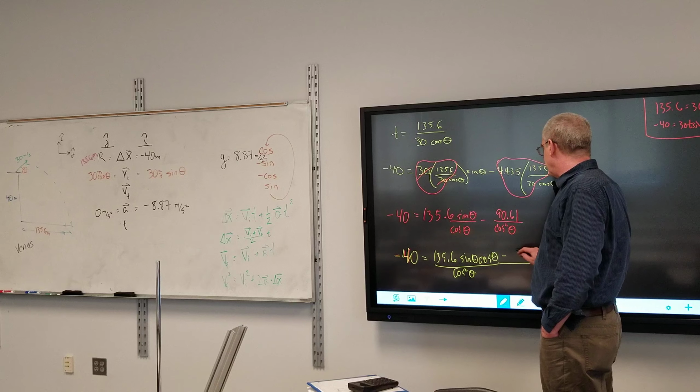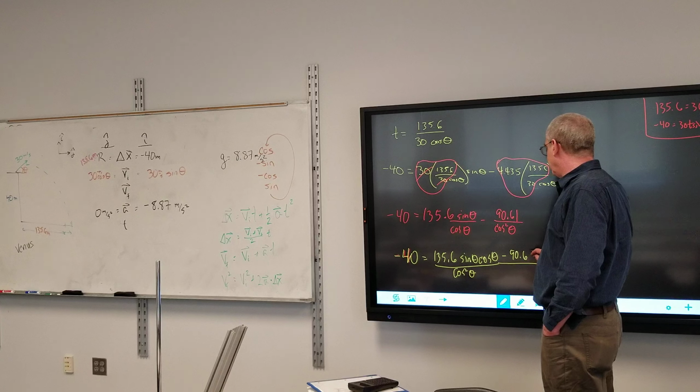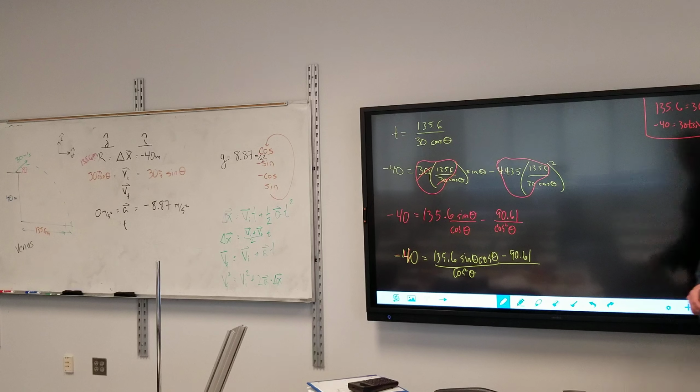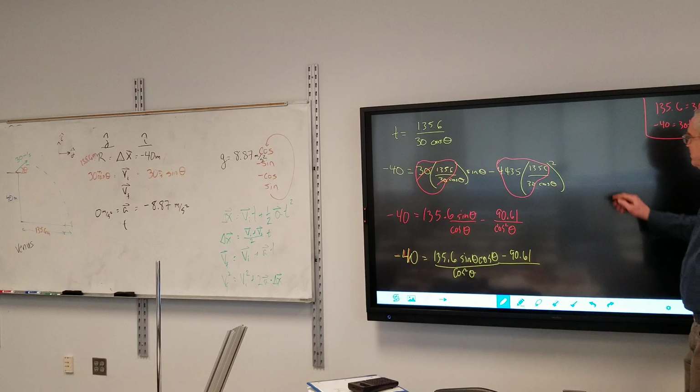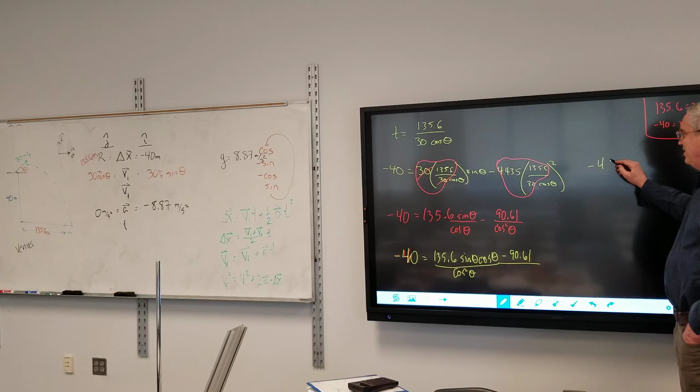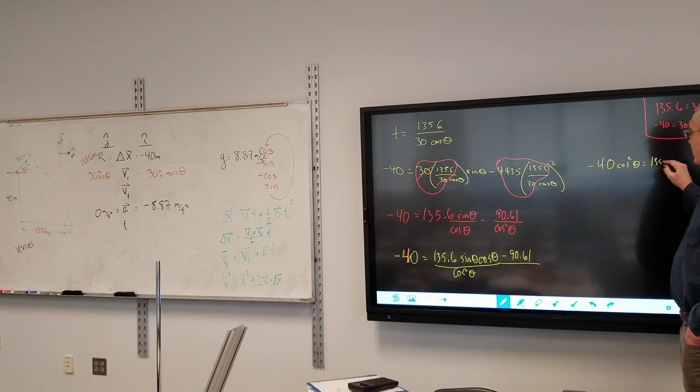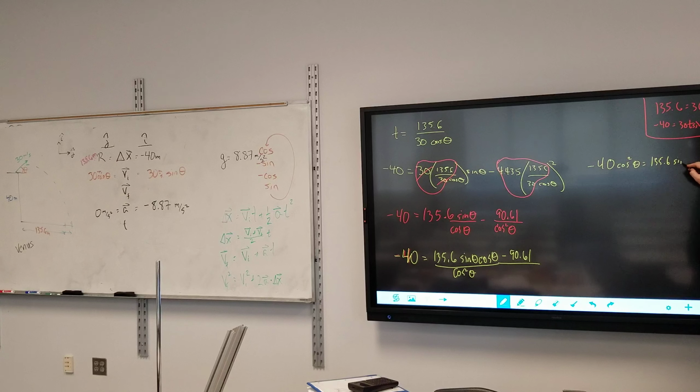I guess now we have a common denominator. Now what? I guess multiply the denominator to the left side on both sides. So we get negative 40 cosine squared theta equals 135.6 sine theta cosine theta minus 90.61.